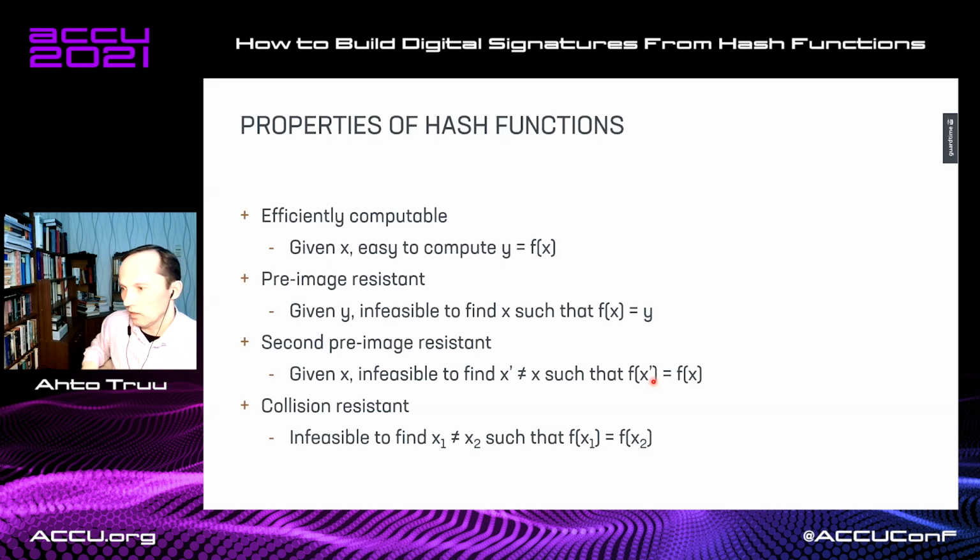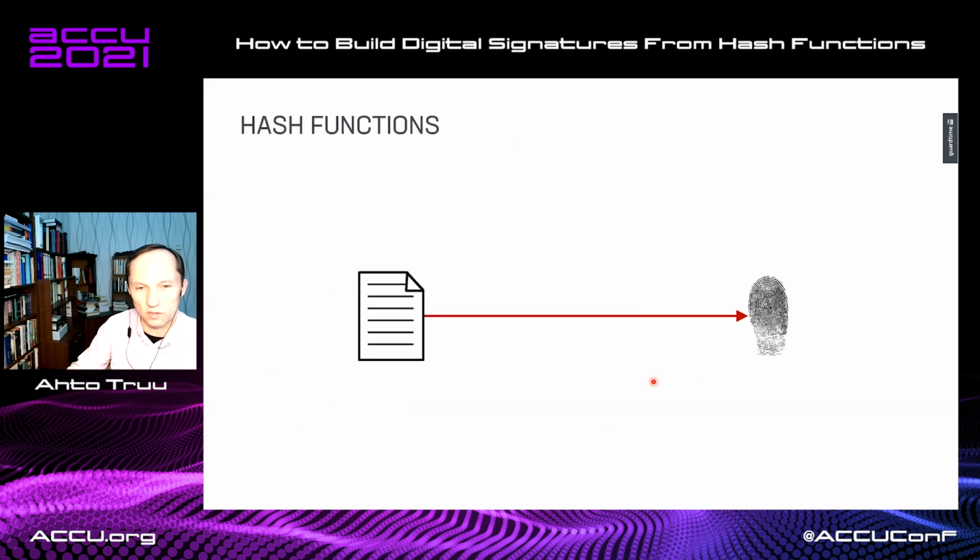If you want to do document signing not by signing the document directly, but by signing the hash value of the document instead, then it must be infeasibly difficult for an attacker to change the document in such a way that the hash value is the same as before, because this would enable the signature to be considered valid for the modified document.